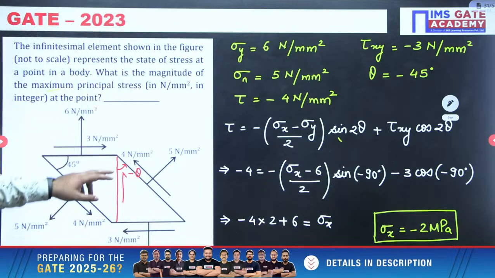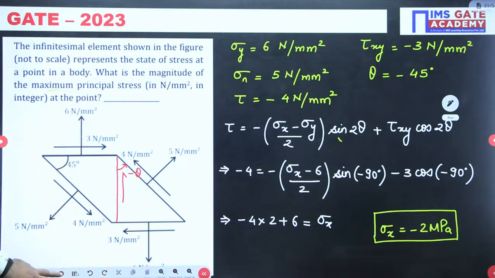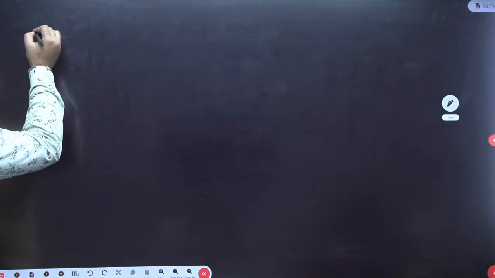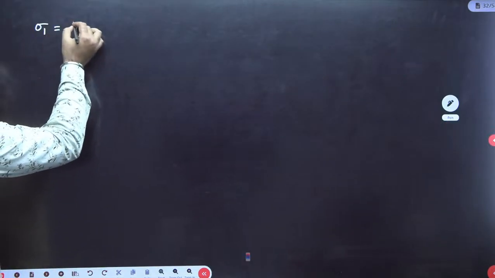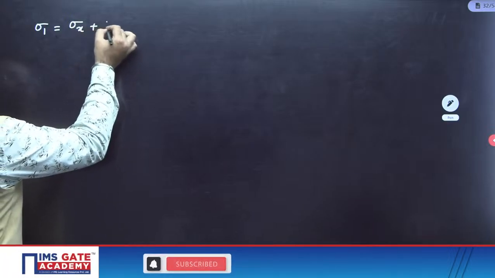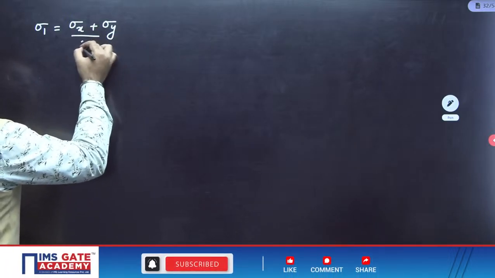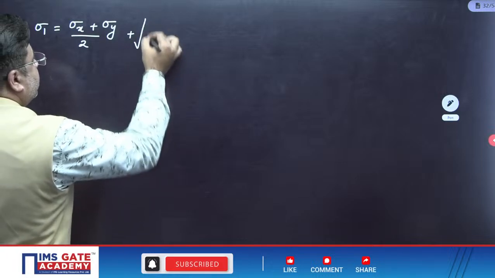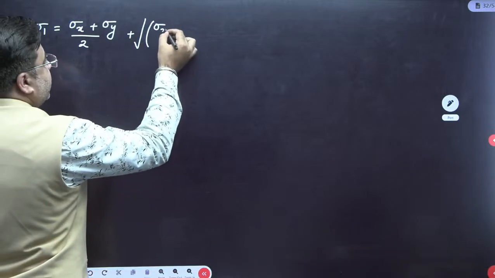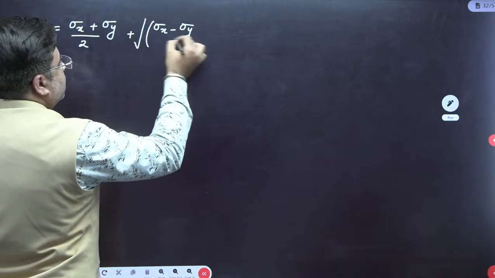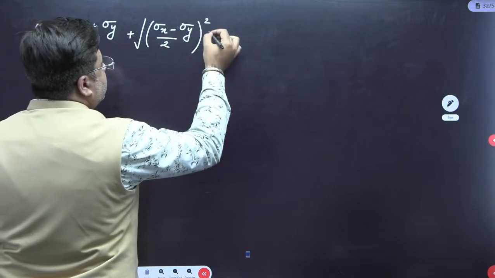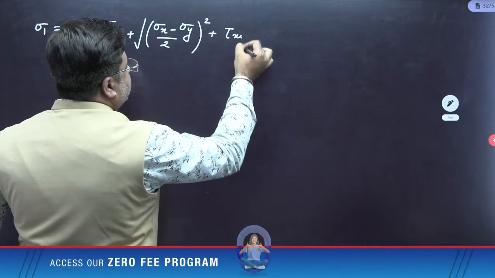Now, since you know the value of sigma x, you can calculate the value of sigma 1. So sigma 1 is equal to sigma x plus sigma y by 2 plus under root of sigma x minus sigma y by 2 the whole square plus tau xy square.